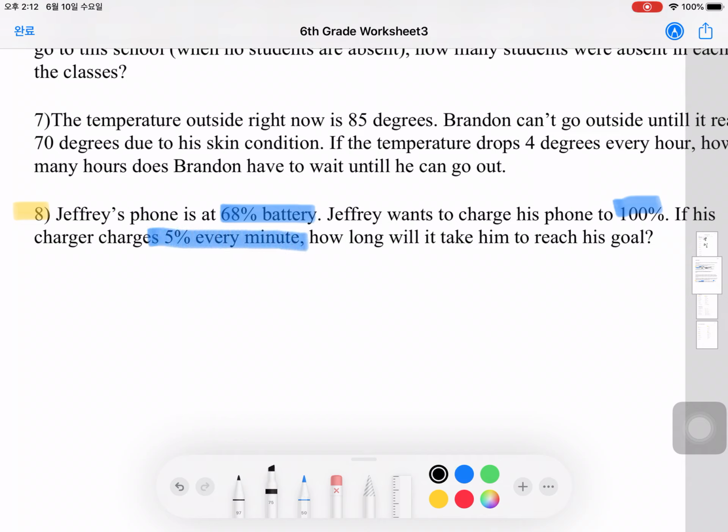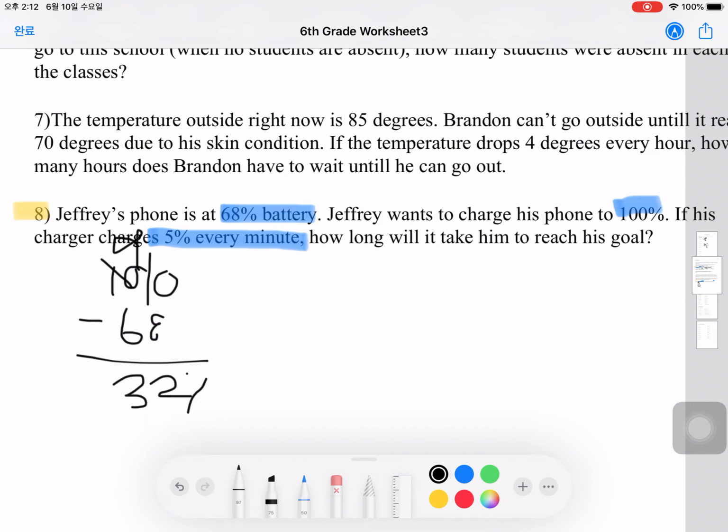So basically you want to know how much percentage it takes for him to get to 100. So that would be 100 minus what he has right now, 68, which is 32. So he needs to charge his phone for 32 more percent to get to his goal.